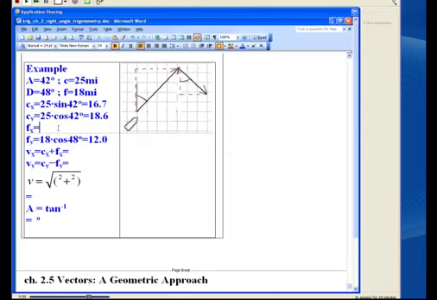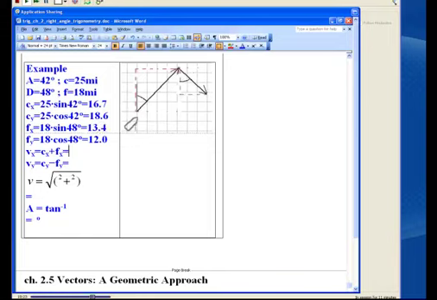And then we do the opposite here, which is the x component, where we use the sine of the angle 48 degrees. So sine of 48 and 18. Yep, that's correct. And I come up with 13.4 miles rounded.